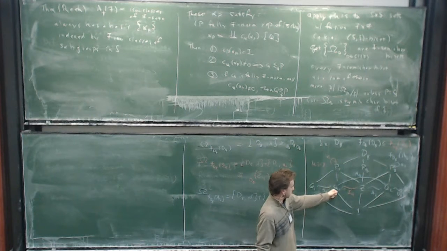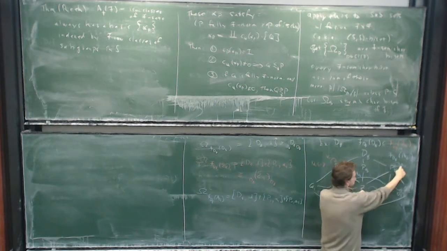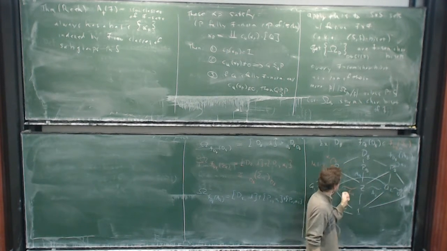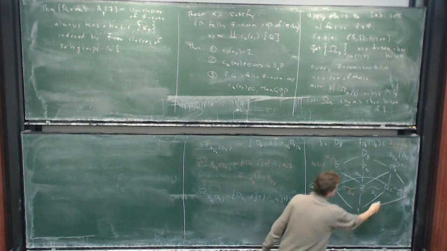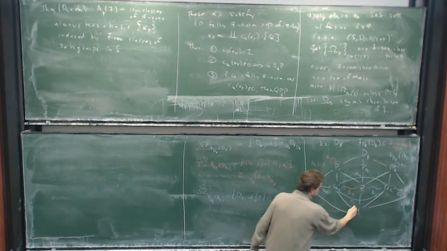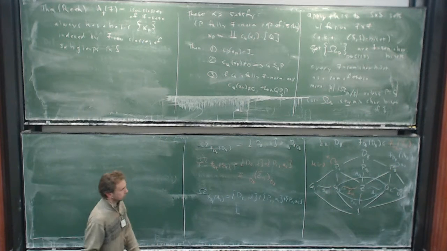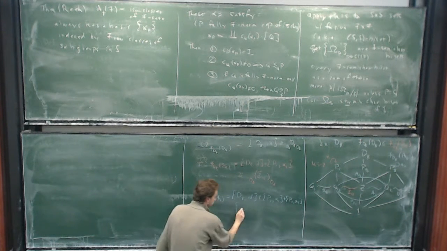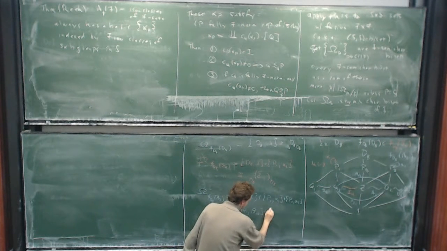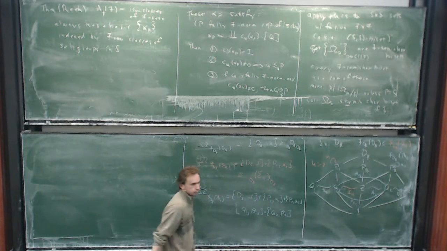So if you like, I start at Q1, I apply alpha 1 to get to Z, and then I apply alpha 2 inverse, say, to get to Q2. Okay, so I get a map that looks like this. And dually, I have its inverse going the other way, beta 2,1. And it turns out that if you want to actually get something that's stable, I need to add both copies of Q1 twisted by beta 1,2 and Q2 twisted by beta 2,1.